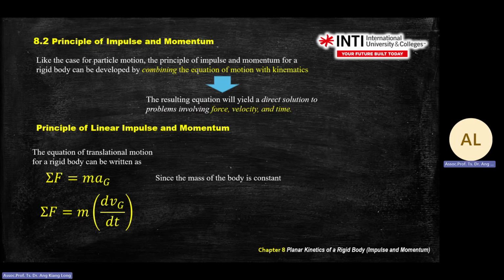You're referring to the velocity at the center of mass, or acceleration at the center of mass. Because the mass is constant, you can move the mass anywhere you want in the equation. So when you put m inside beside the v, you get what? Momentum. F equals the time derivative of momentum.